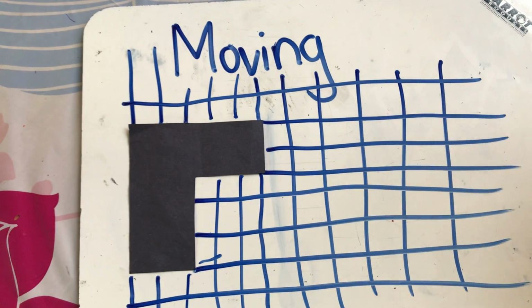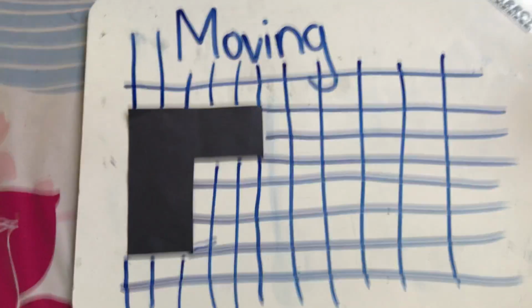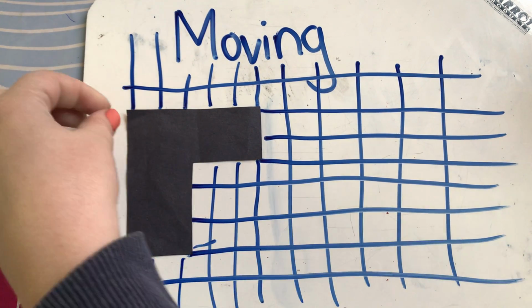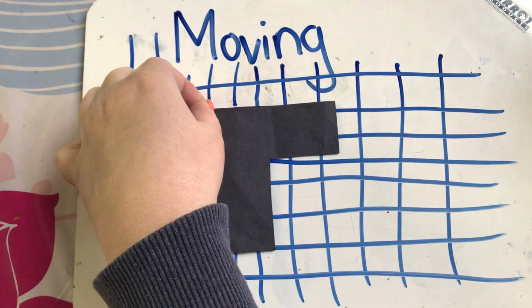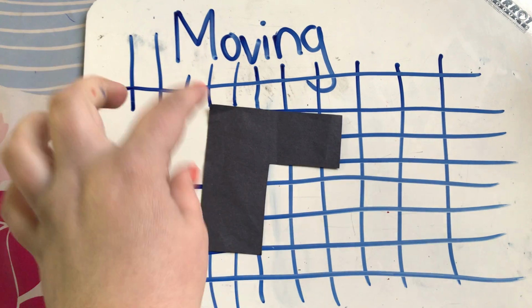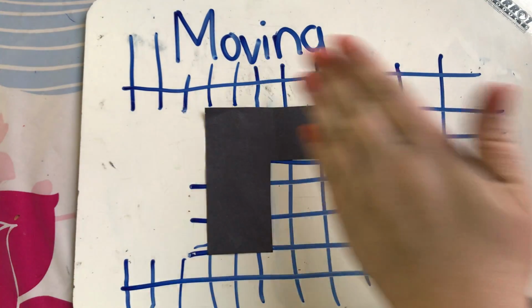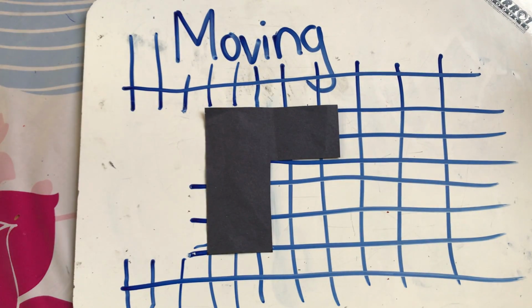So, I would recommend choosing the top corner, okay? Choose this corner. Now, I give you the instruction. Move this shape 3 blocks to the left. Now you take this point, you go 1, 2, 3, and you draw your shape 3 blocks on to the left.